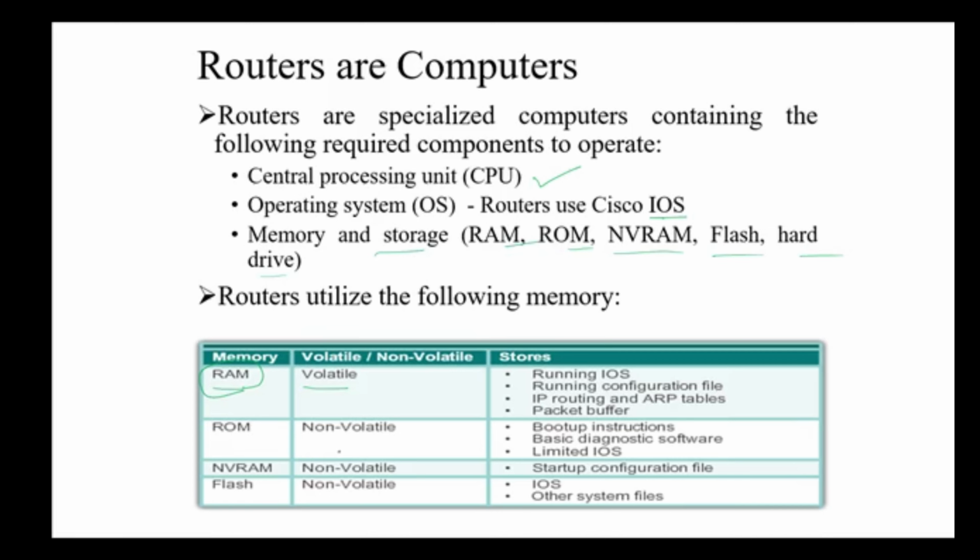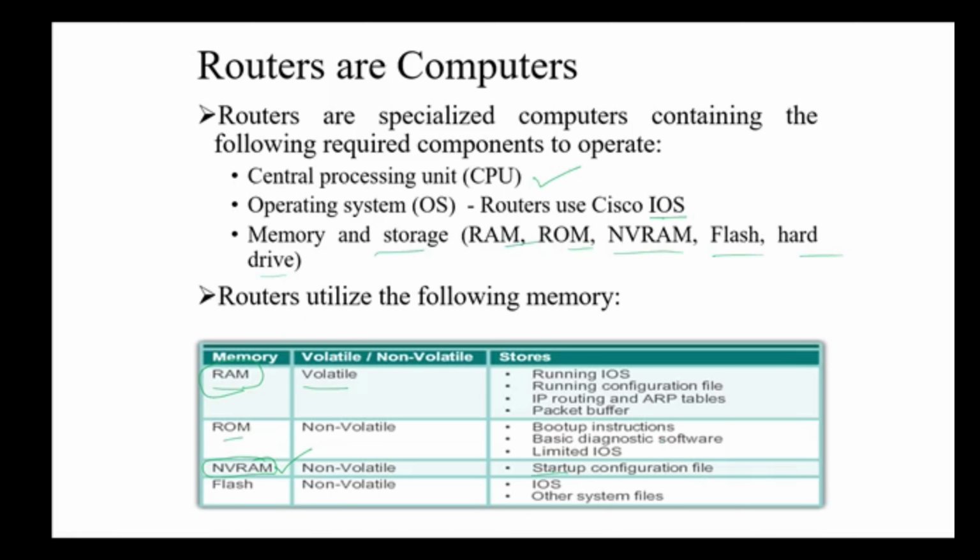Then we have the non-volatile memory, the read-only memory or ROM. It has the bootup instructions, basic diagnostic software, and a limited Inter-network Operating System. NVRAM is like the hard drive of a router. Like in a computer we have the hard disk, in routers we have the non-volatile random access memory, and it normally saves a file called the startup configuration file.